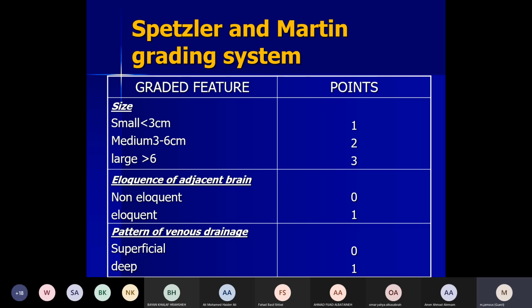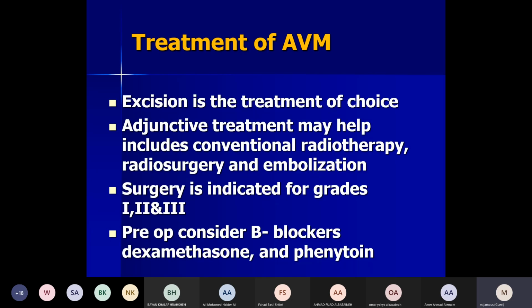How we treat is a multidisciplinary approach. For grades 1, 2, and 3, we prefer surgical excision. If it is small and in a non-eloquent area with a superficial draining vein, we prefer surgical excision.